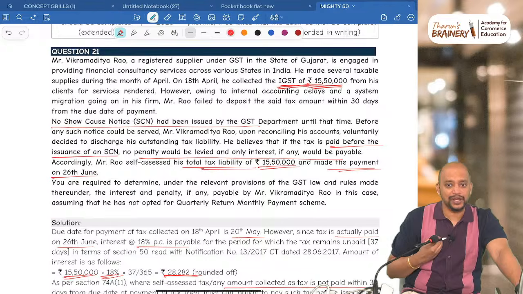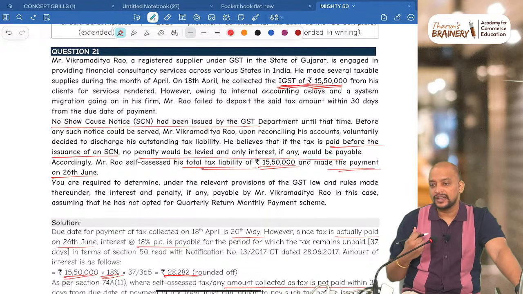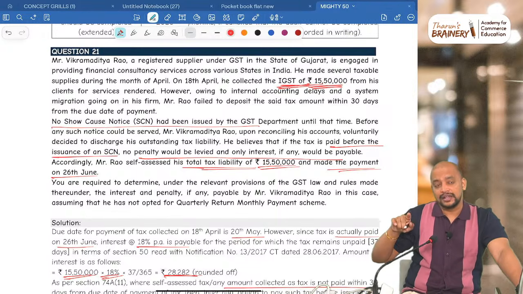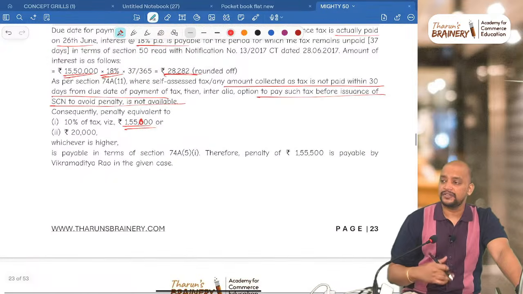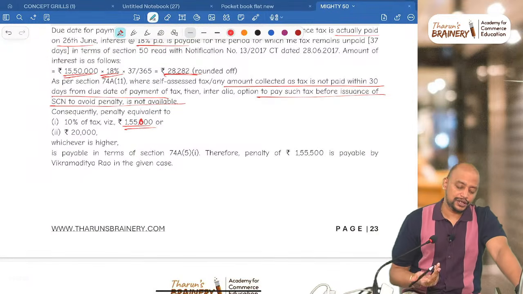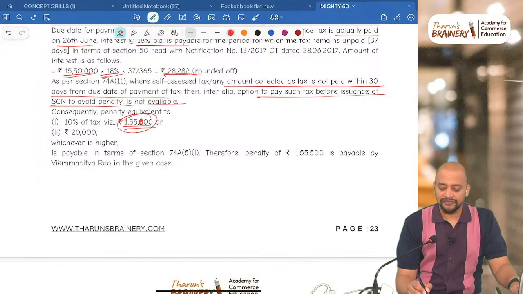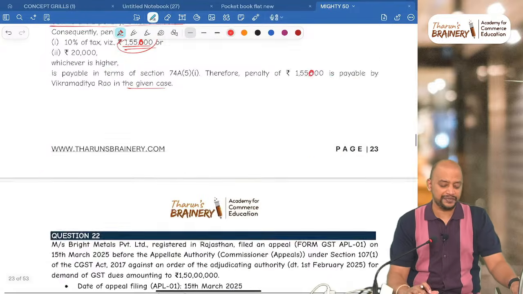You have calculator or can I get the calculator? 77,500. That is 10%. Correct? So 10% or 10,000, whichever is higher. 77,500 into 2. So then also you will end up with 1,55,000 only. Therefore, penalty of 1,55,000 is payable by Vikramaditya Rao in the given case.